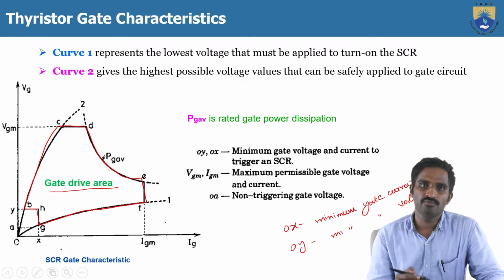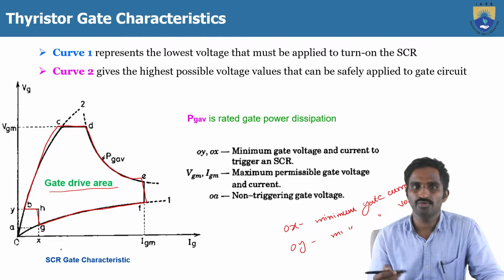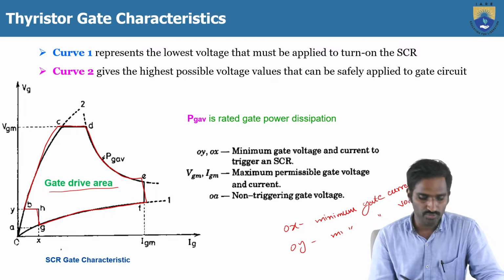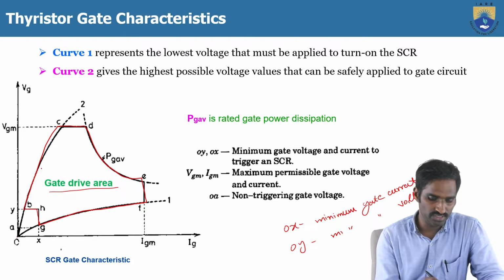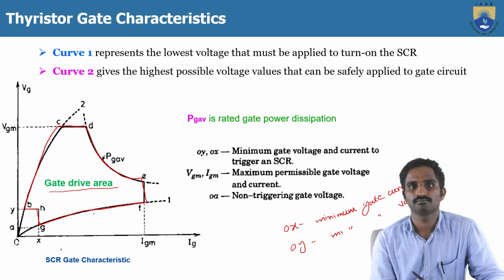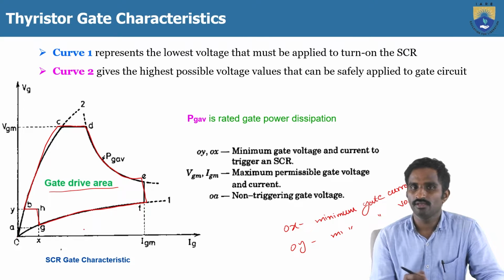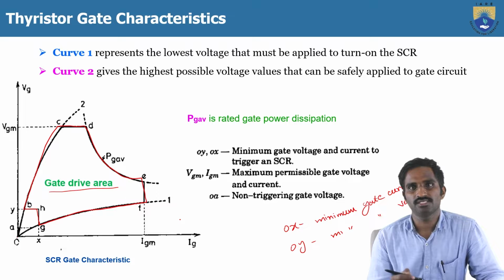So if you want to operate the thyristor safely, or give the safe voltage and current to trigger the thyristor, then you must give the voltage and current values within this region only, so that you can turn on the thyristor safely.